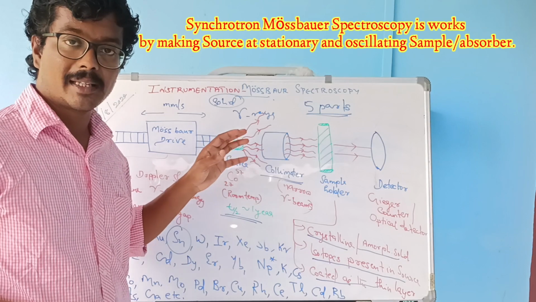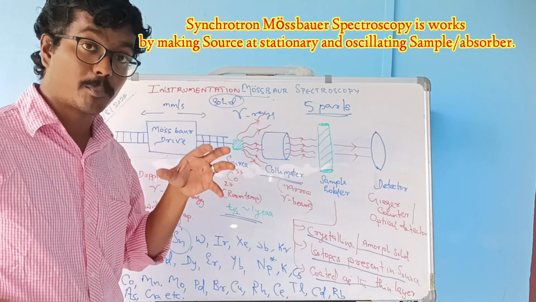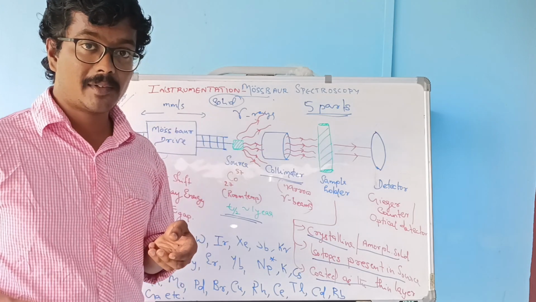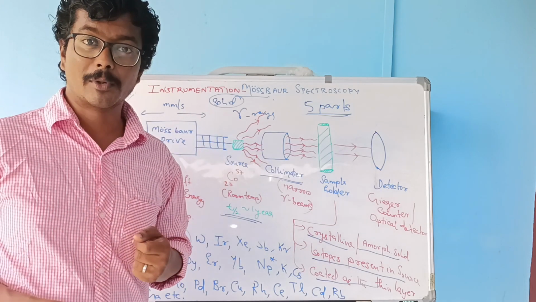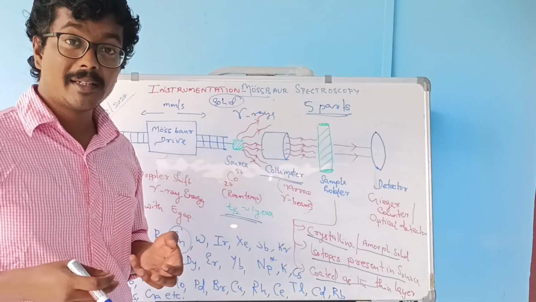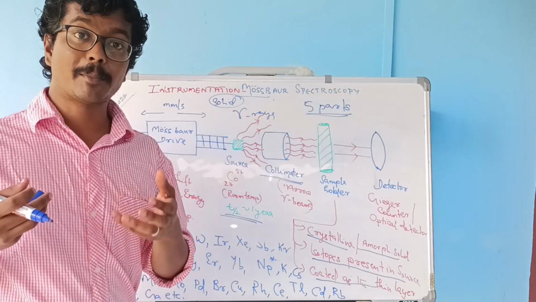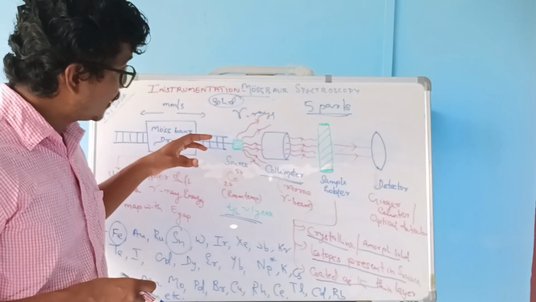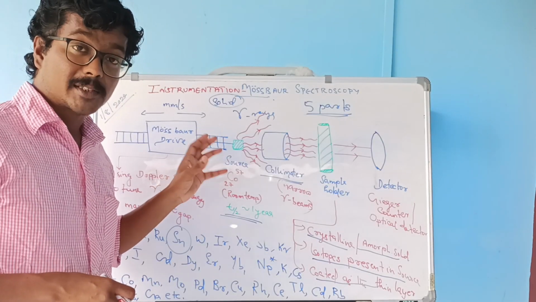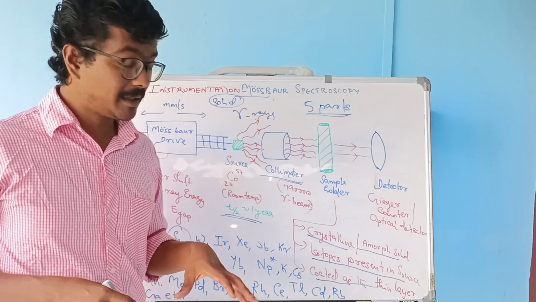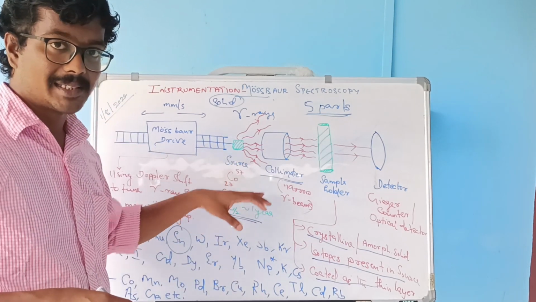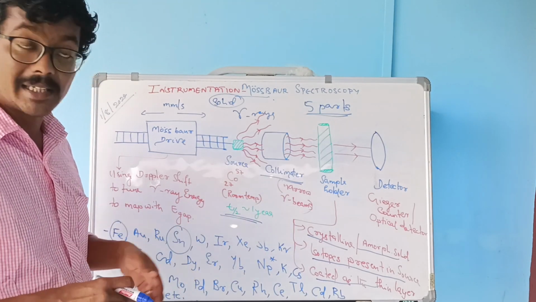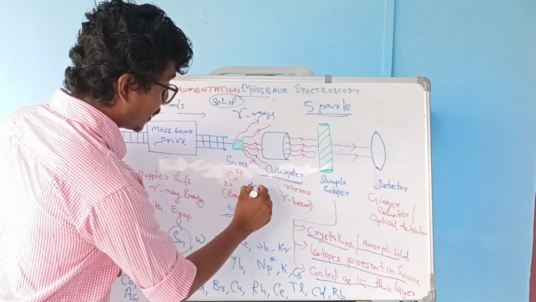The source is cobalt 57, which produces excited iron 57 nuclei, which is abundant in nature and reliable, and provides a proper spectrum which we can easily analyze. The half-life of the source should be a minimum of 1 year. In the case of cobalt 57, the half-life is 270 days.